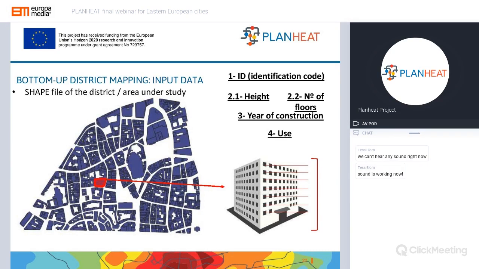So in the end, it is going to be a shapefile of the district or the actual area that we are investigating. And here you can see the most frequently used parameters that are needed. Like, again, the identification code of a building, height, the number of floors, the year of construction, and the purpose of the building.